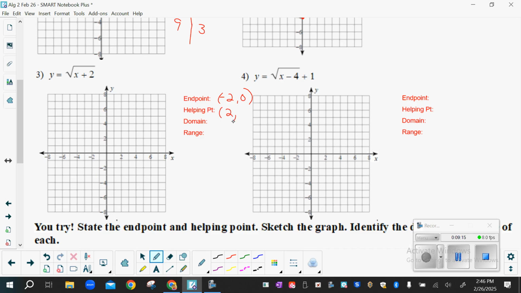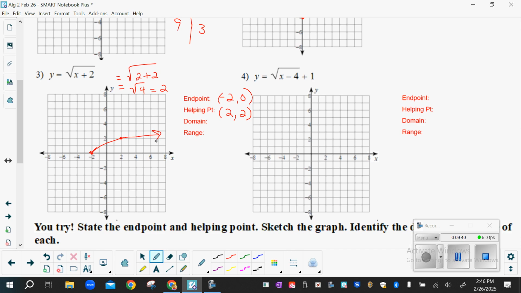And then I plug that 2 in there. 2 plus 2 is 4. Square root of 4, which is 2. So 2, 2 is my helping point. When you go to do yours, you may have a different helping point than what I have listed. That's okay, just so your graph looks the same. So it's not a straight line. Again, it's curved.